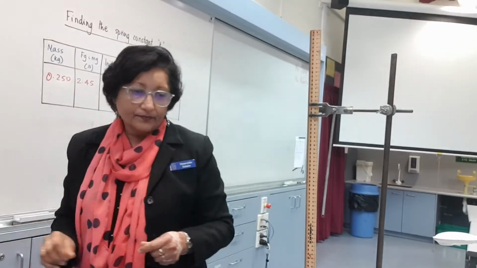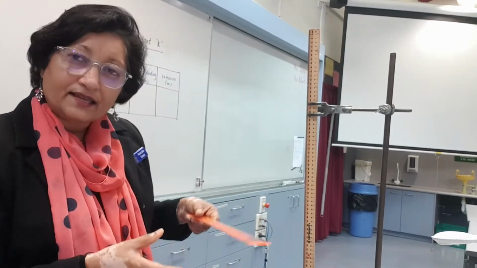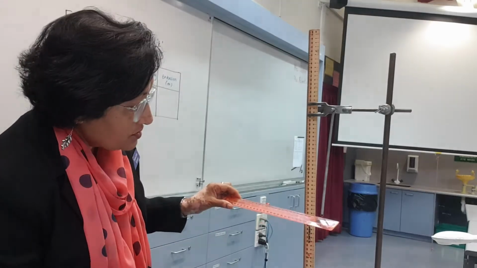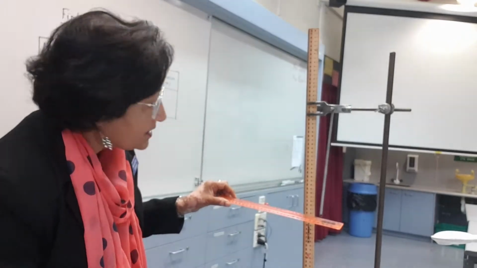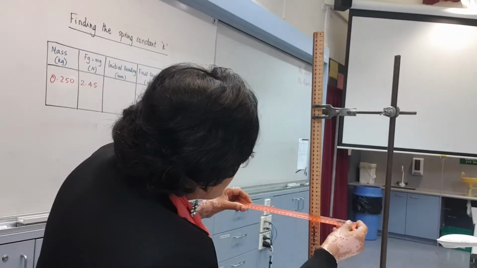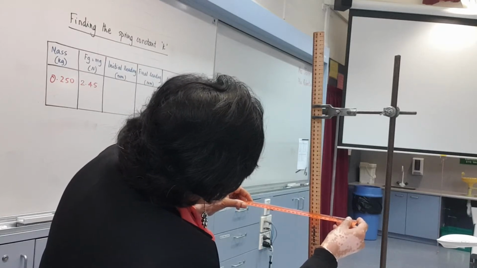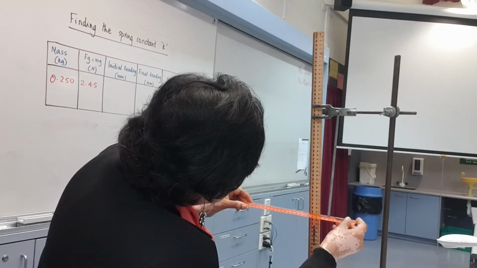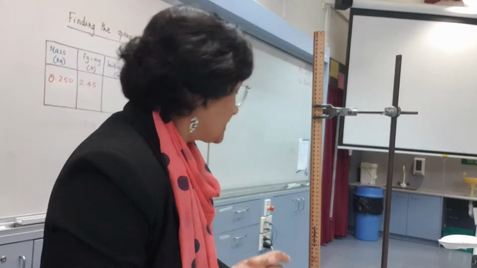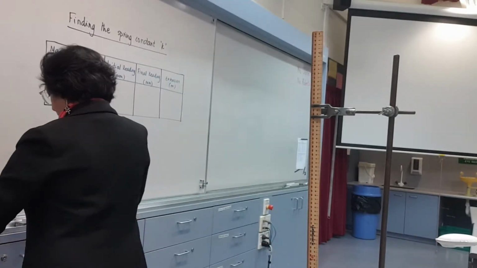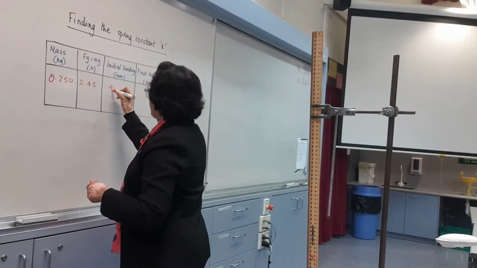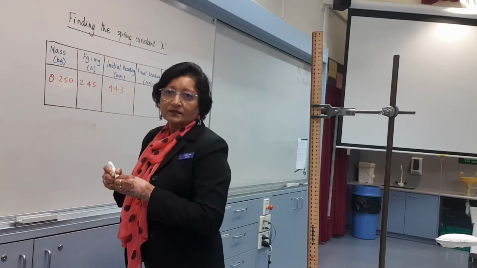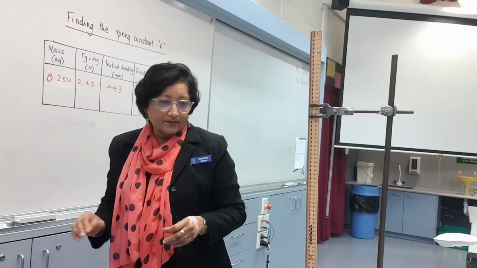Now, in order to get my initial reading, I'm going to hold it at the bottom of this hook here and align it with my ruler and see what I get. So I'm getting about 443 millimeters. I'm going to just write that here. So that's 443 millimeters.